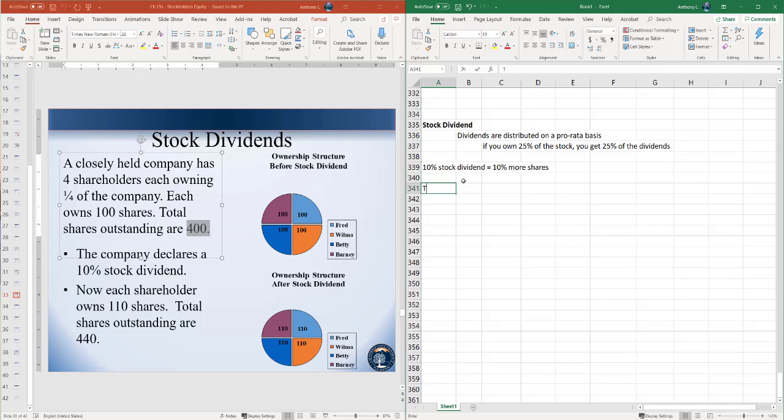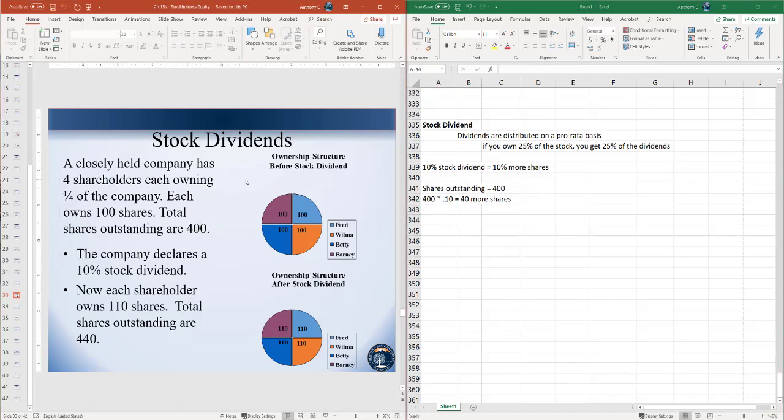Our shares outstanding right now is equal to 400. 400 times 10% is 40 more shares. Since we have 40 more shares, and these are distributed on a pro rata basis, each person owns a quarter of the company, so each person gets 10 more shares.